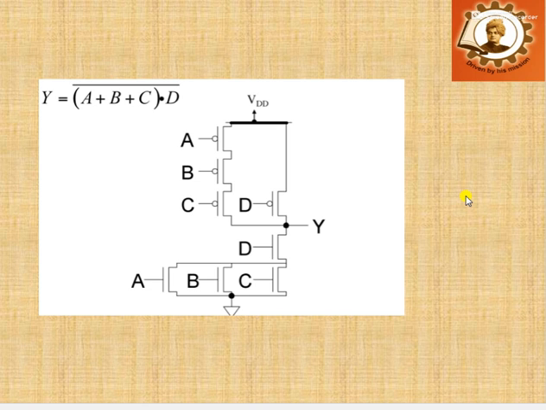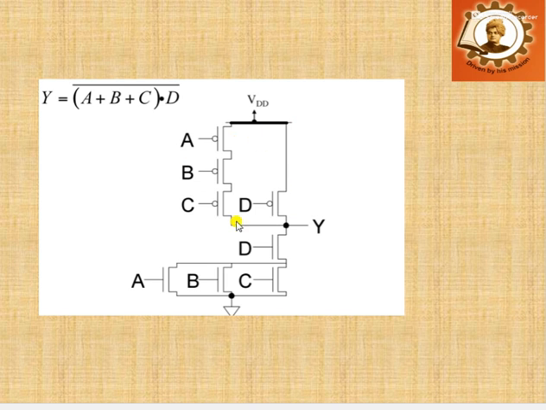The pull down network basically consists of NMOS, and we get a pull up network just by reversing this pull down network: series will be converted to parallel combination, parallel will be converted to series combination, and again we replace NMOS with PMOS.